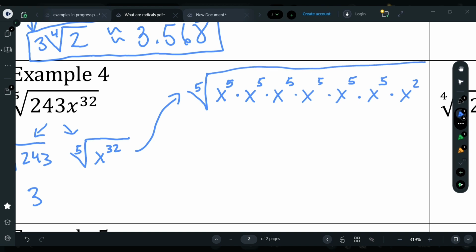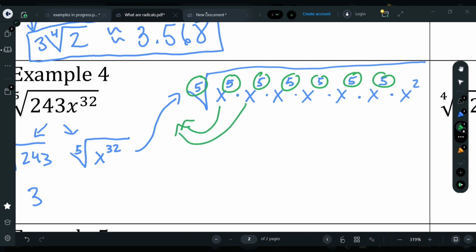Okay. And then this is what's going to happen. All of these where the exponent matches with the root, right? So the root is a 5. Here we got exponents of 5. All of these are going to effectively cancel out, and each of those x's is going to come out in front, like this, out in front of the radical. So let's see, how many is it? 1, 2, 3, 4, 5, 6.